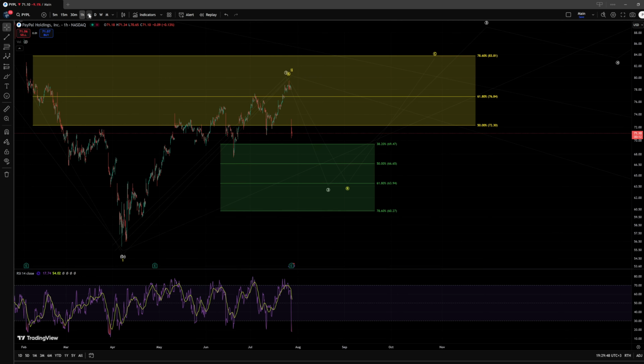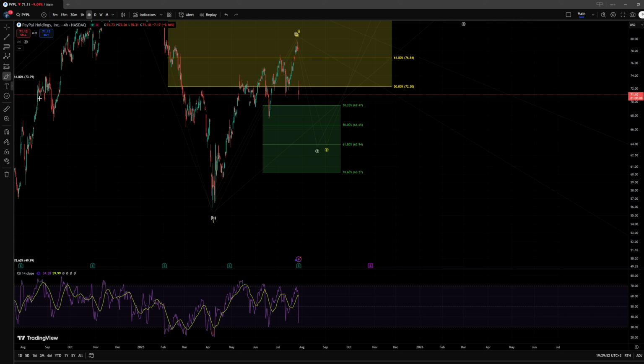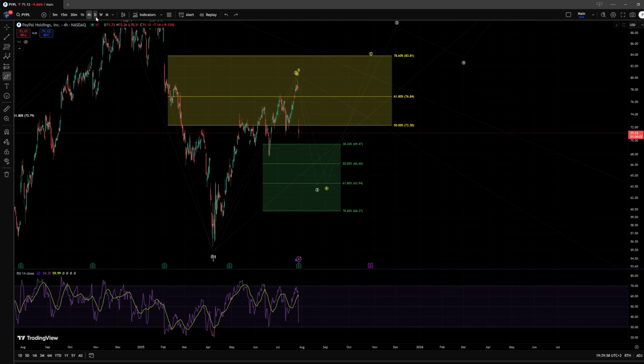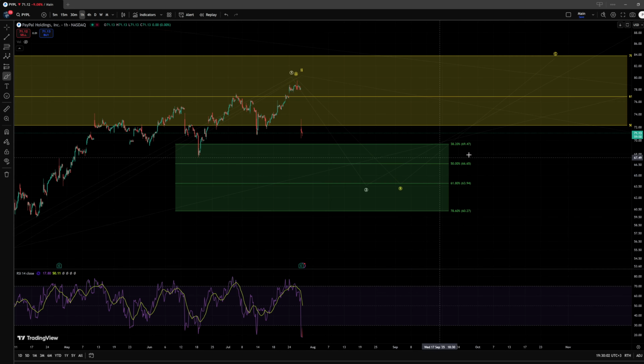But as you can see on the RSI, even on the 4-hour chart, we are going towards oversold. There is no divergence yet. We may still continue to push directly lower, and we need to be very careful overall in this chart.